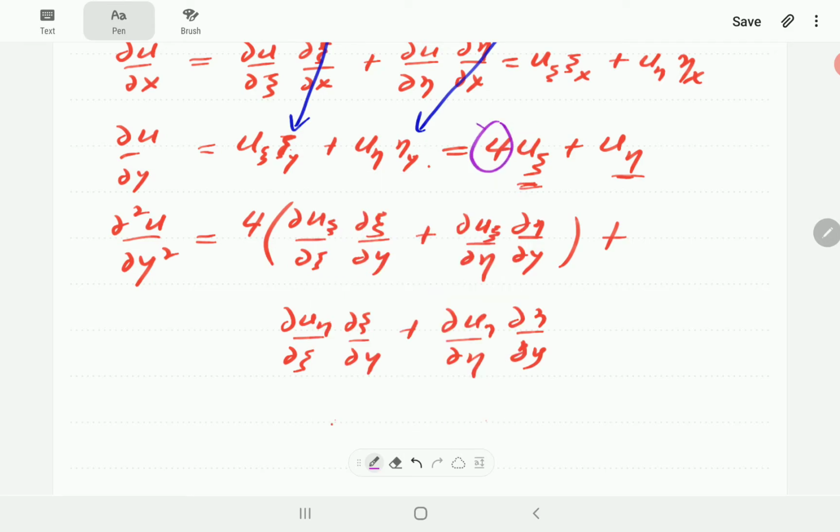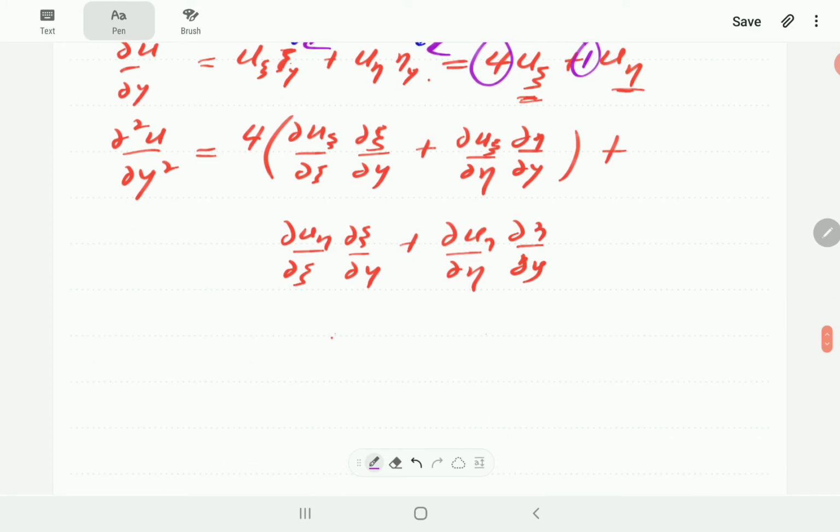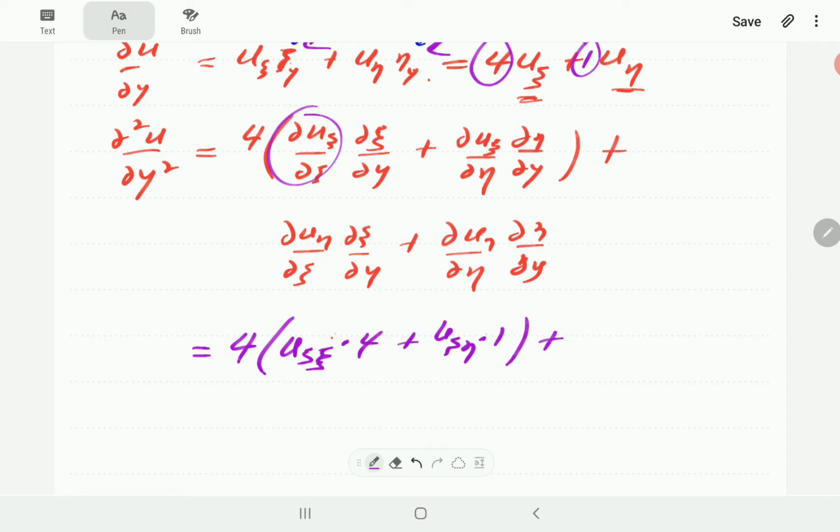So this one is eta y, and xi y, and then eta y is 1. Okay, so whenever we get xi, first of all, this one in subscript notation is just going to be u_xi, and then xi y is 4. This one is going to be u_xi_eta times 1. This one is 4.